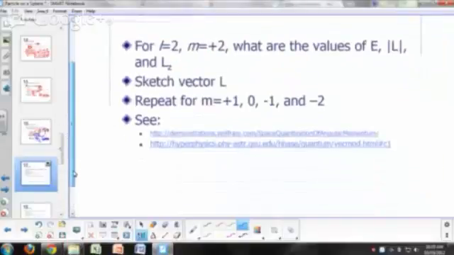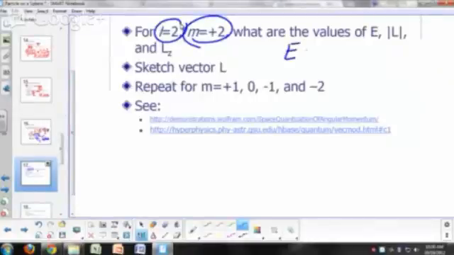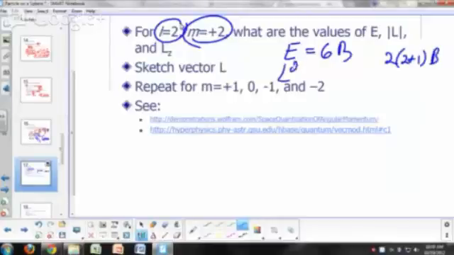Okay, let's apply that. Let's say your psi corresponds to a spherical harmonic with L equals 2, m equals plus 2. So what's our energy? 6B, right? 2 times 2 plus 1 times B. What's the square of the angular momentum?